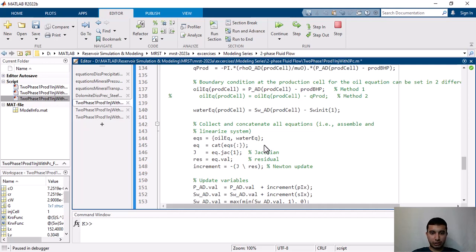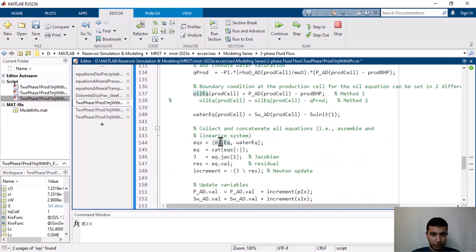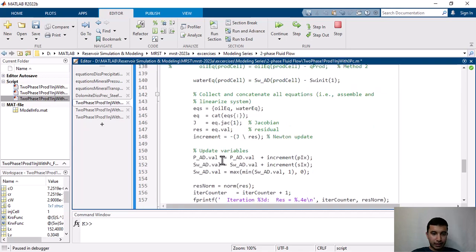specify the boundary conditions, and now it's time to concatenate the equations that we wrote. The equations consist of these two equations, and here we get the Jacobian and the values and the increment here, and using the increments that we calculate here, update the pressure values and the saturation values.